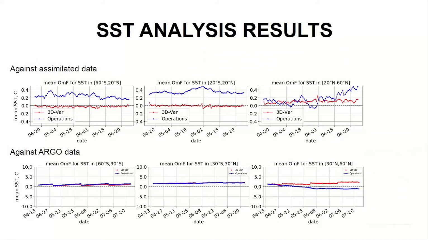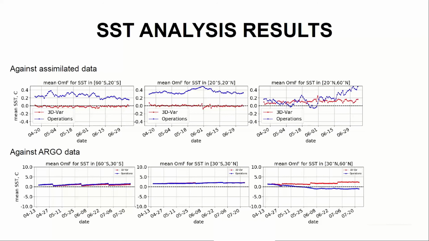These are some preliminary comparisons between the current SST analysis, which is uncoupled, in isolation, and the new 3D-Var SST analysis. The 3D-Var is in red and the operational in blue. We plot here some mean observation minus forecast statistics for SST against assimilated data on the top plots, and against independent Argo data that are not assimilated on the bottom plots.